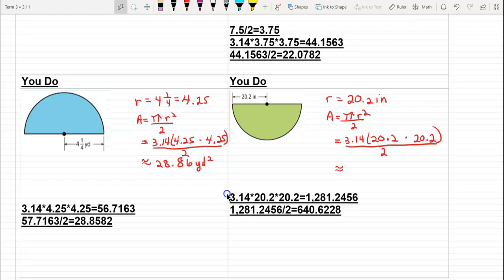And so when we round this answer, we would have 640.62, and this would be inches squared. Go ahead and pause the video, make sure you have all this in your notes, and then we'll move on to the next section.